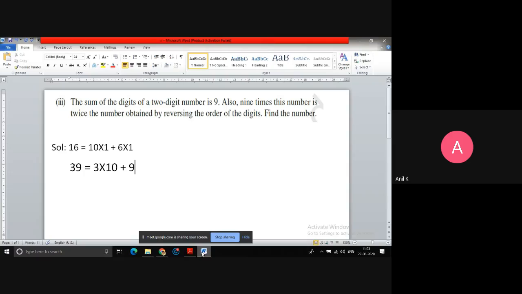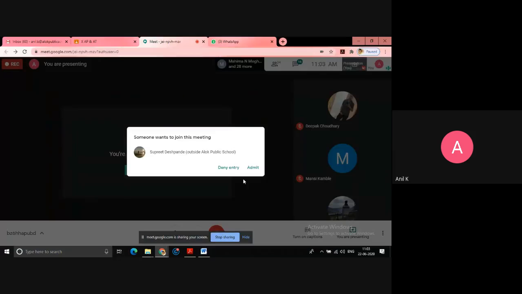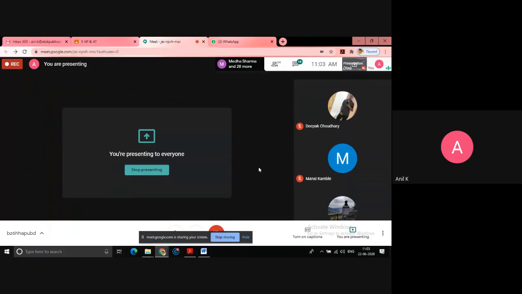So instead of a number, if I have the letters xy, you can write xy as 10x plus y. Because x is in the tenth place, x will multiply with 10, and y is in the unit place, so y multiplies with 1. We don't write y multiplied by 1 because it will be y only. Okay, so this is the main step which we are going to use for today's class.